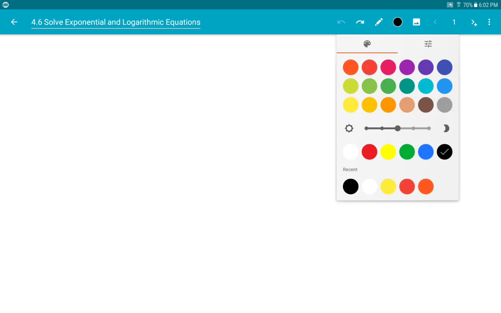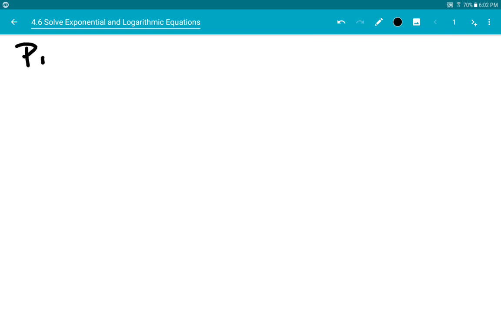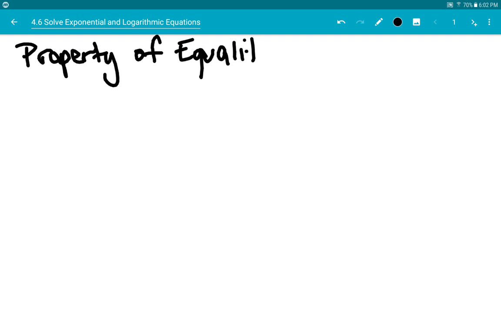There's one major property that we have for exponential functions, and that's the property of equality. This is going to be for exponentials.